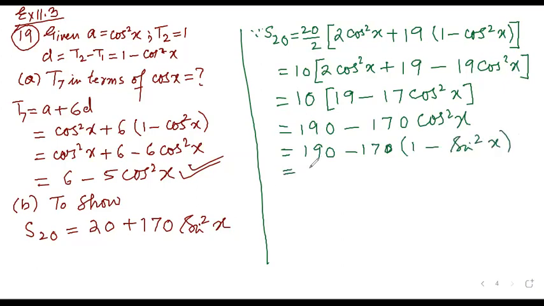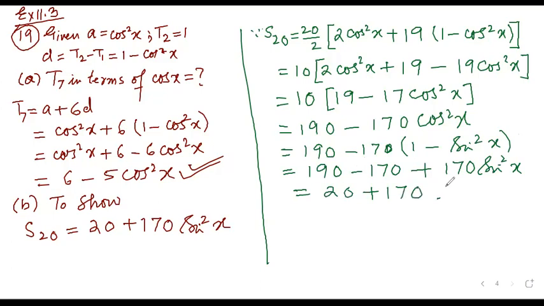So 190 minus 170 plus 170 sine square x. So 190 minus 170 is 20 plus 170 sine square x, and this is what we have to show.